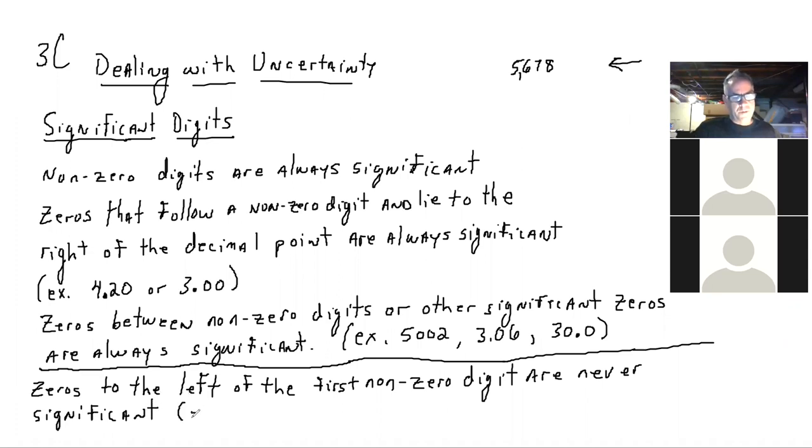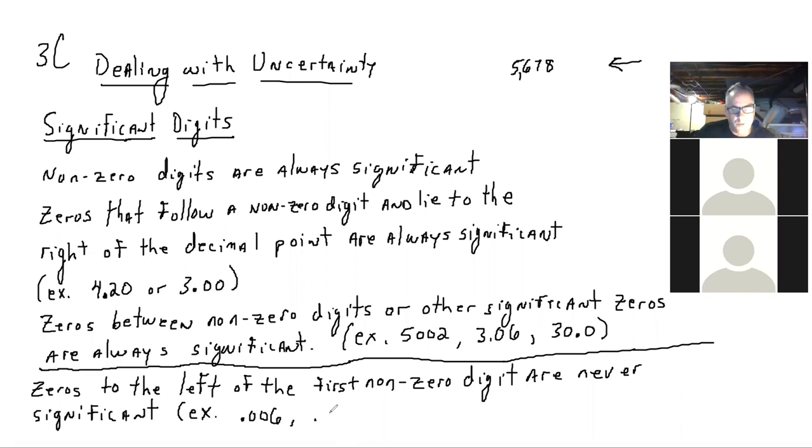What kind of numbers might those be? 0.006 has one significant digit. These zeros are to the left of the first non-zero digit, so there is one significant digit in that number.